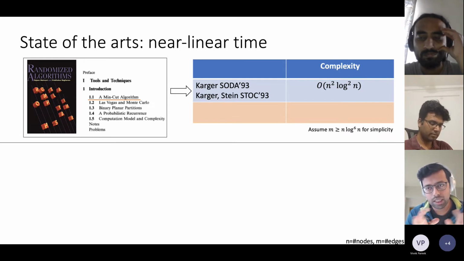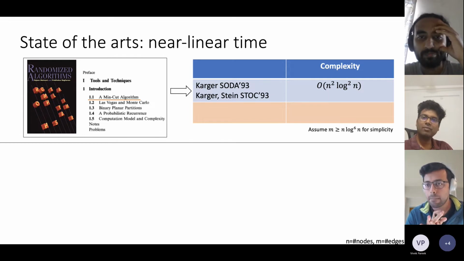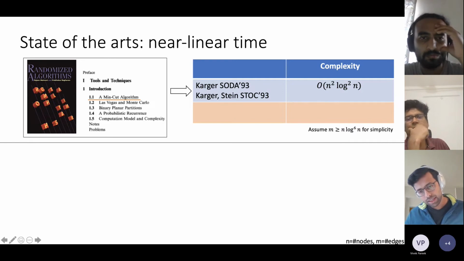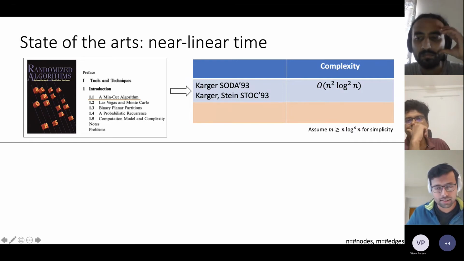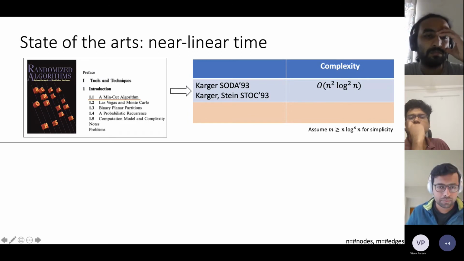The convention here is that n always represents the number of vertices and m represents the number of edges. I want to mention this algorithm a little bit because it's very simple and the analysis is extremely elegant.